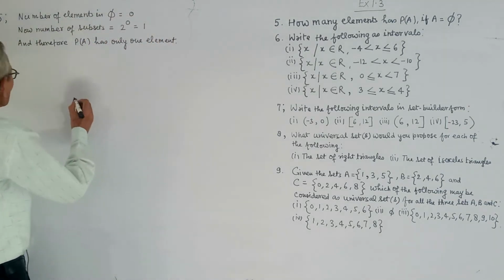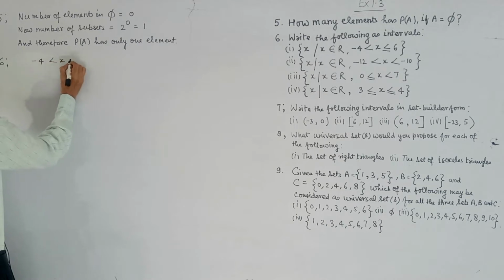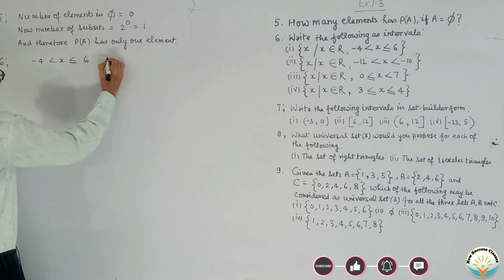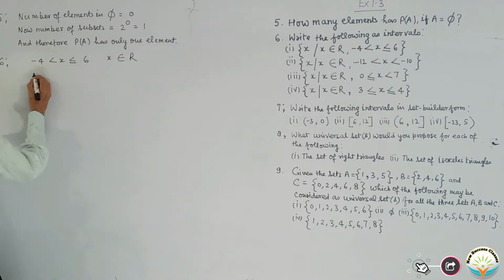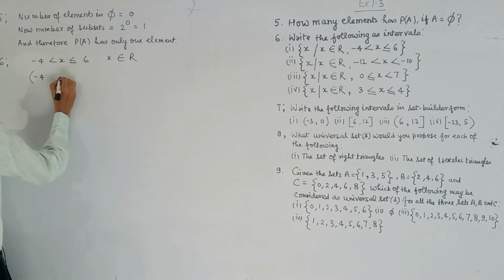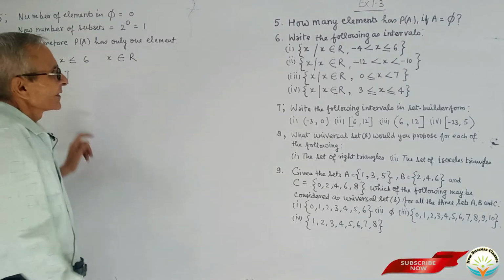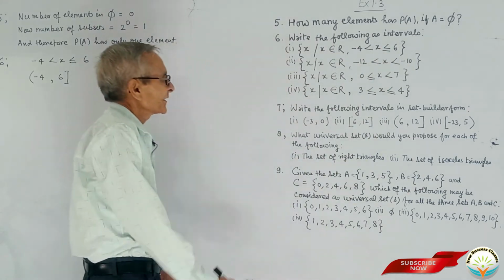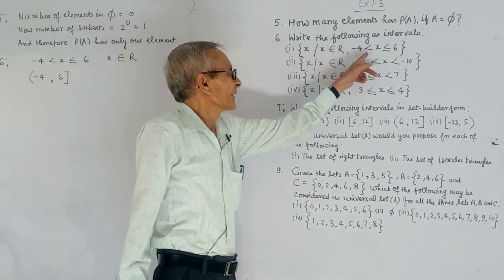That means x belongs to R, negative 4 and here will be 6. In this way you can write, because 6 is included because of the equality sign, and negative 4 is not included since there is no equality sign.